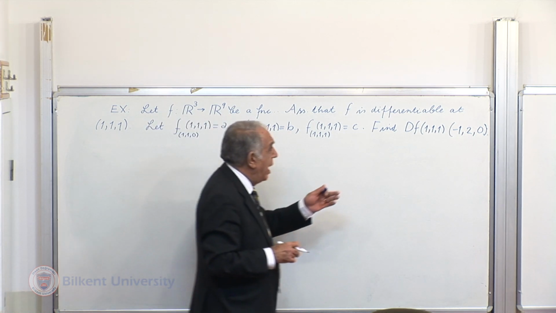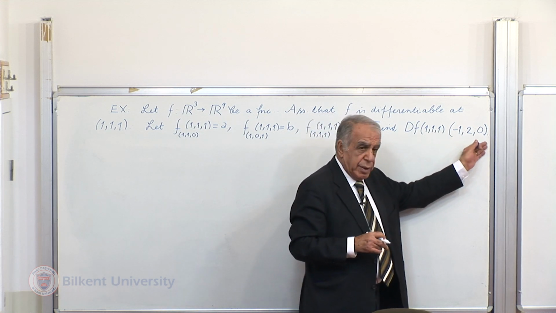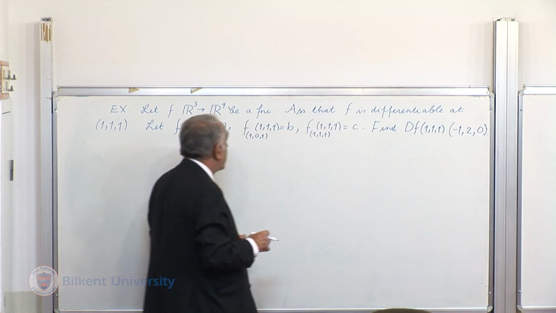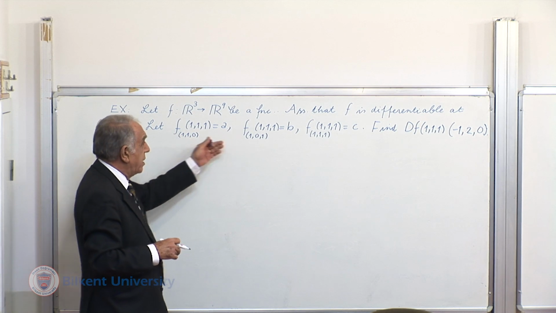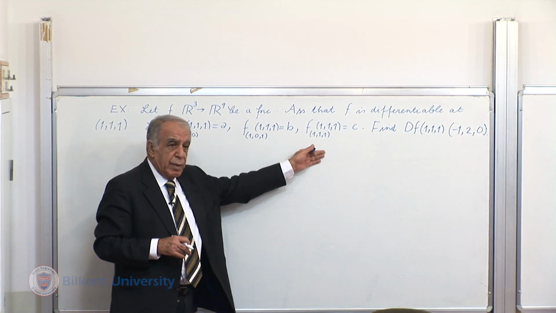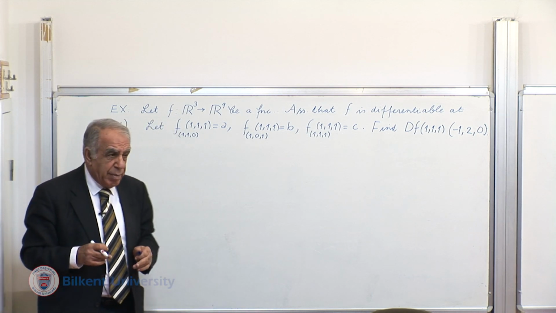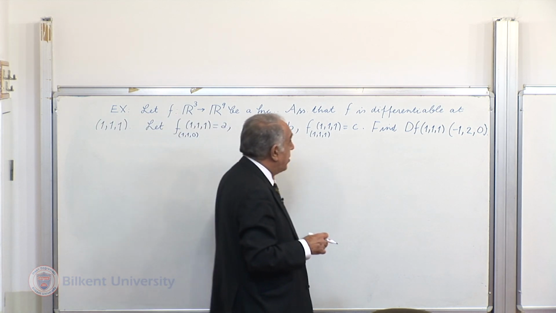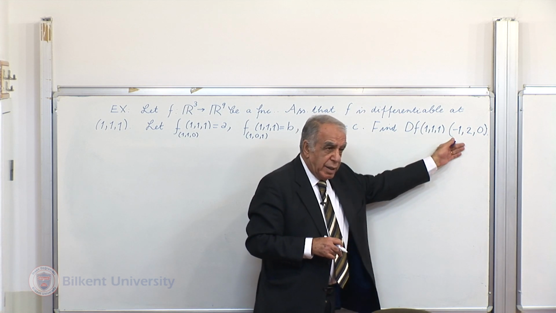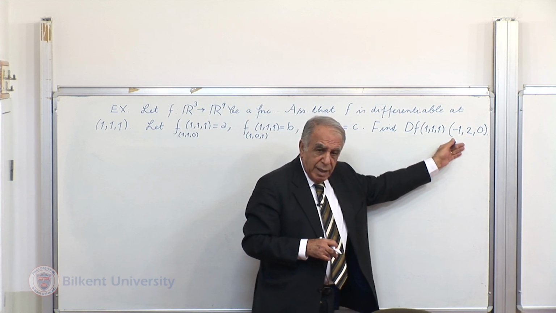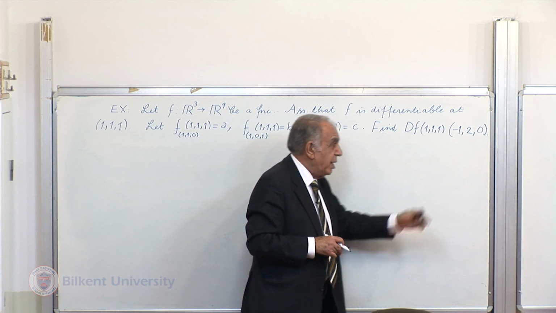So if we can write minus 1, 0, 2 as a linear combination of 1, 1, 0, 1, 0, 1, 1, 1, 1, well, these three vectors are chosen to be linearly independent, so they form a basis for R3. So this can be written as a linear combination of them. First, let's do that.